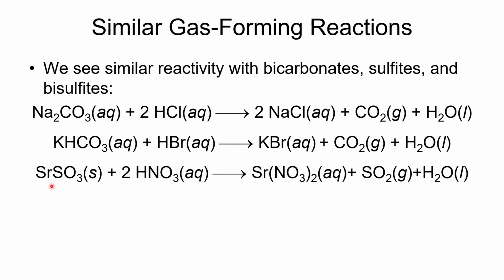All right. Here we've got sulfite, and so strontium sulfite, if you put it into a strong acid solution like this nitric acid, you will get strontium nitrate, but you will also get sulfur dioxide and water. So instead of getting carbon dioxide, you get sulfur dioxide. Now, I'm going to mention this. If you decide to try this at home, which I'm probably going to say don't do this, because that sulfite, when you treat it with the acid and you get that sulfur dioxide has a very strong pungent odor.